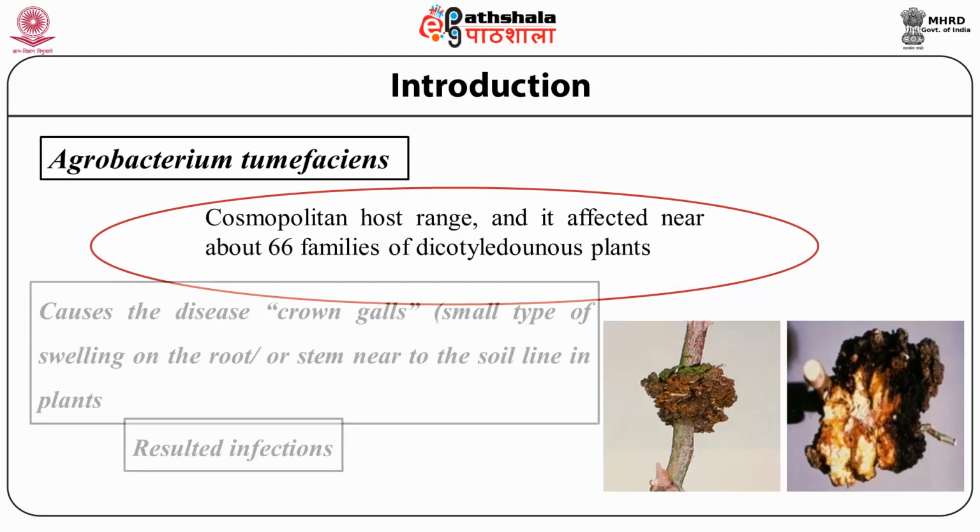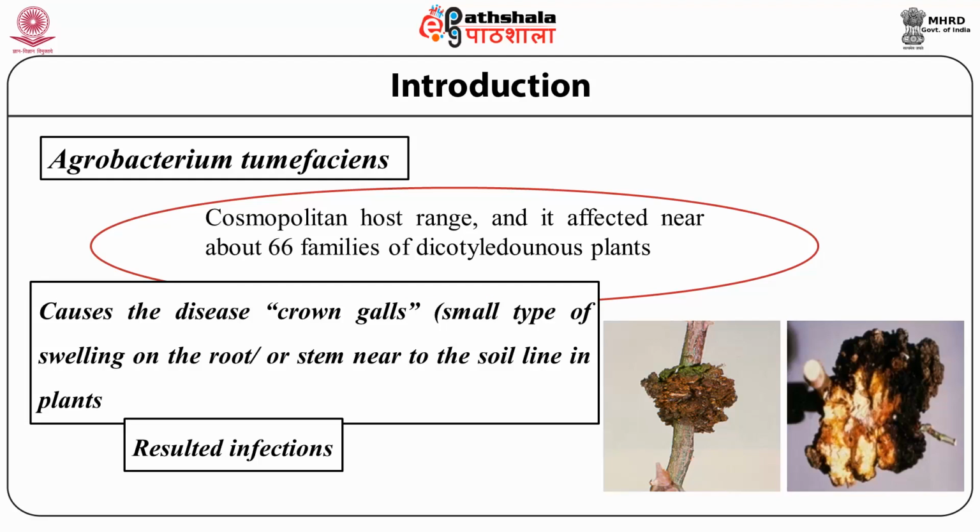This bacterium causes the disease crown gall in dicot plants, near the roots or stem part near the soil line, as a result of this infection.